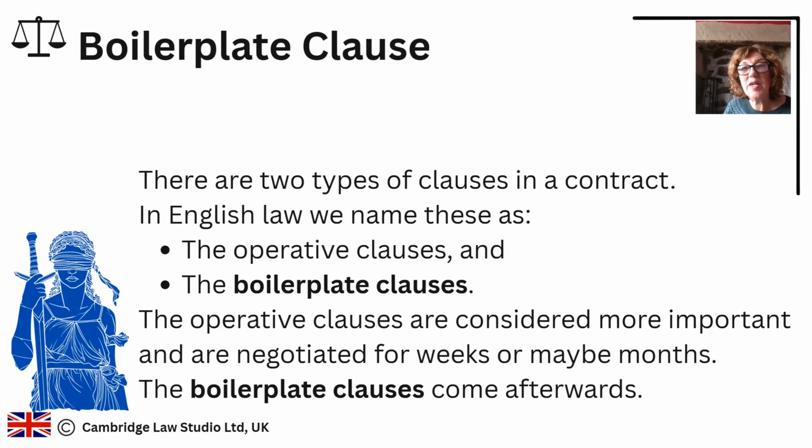For example, the condition of the thing we're buying, the price of the thing we're buying, when it will be delivered, who will pay for transport, who will pay for insurance on the journey in case of damage, what happens if it arrives and it's faulty, there's some problem. Those are operative clauses. The boilerplate clauses are kind of secondary, they're not quite so important, and they're usually copied and pasted without negotiation into the contract.